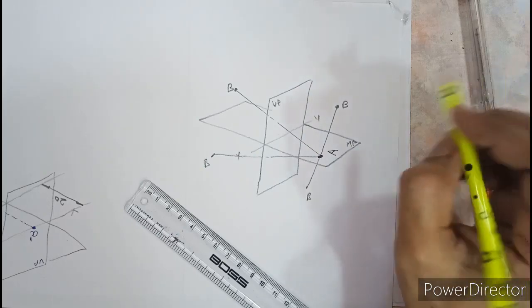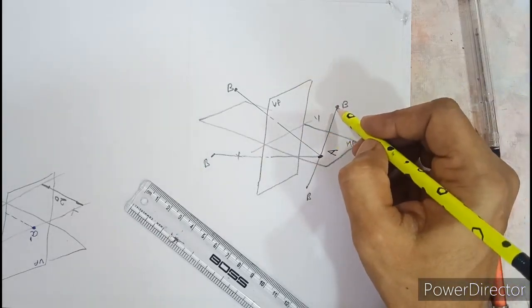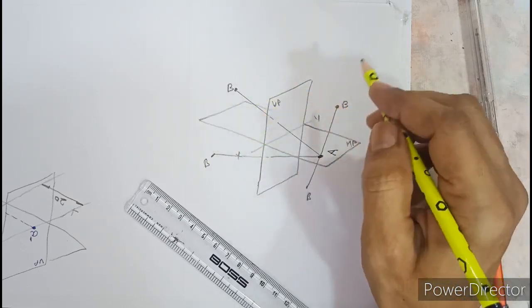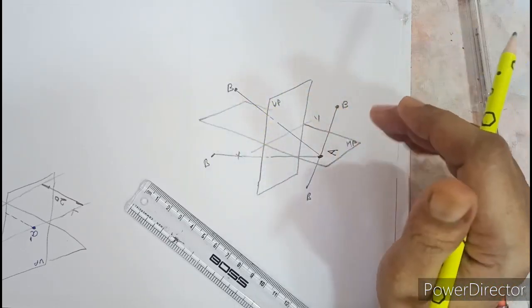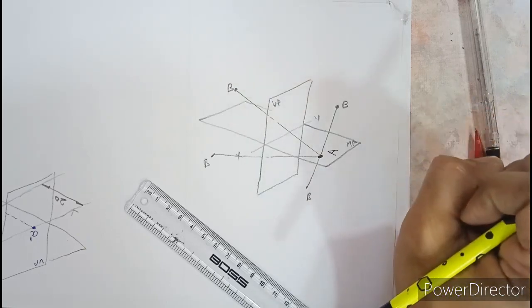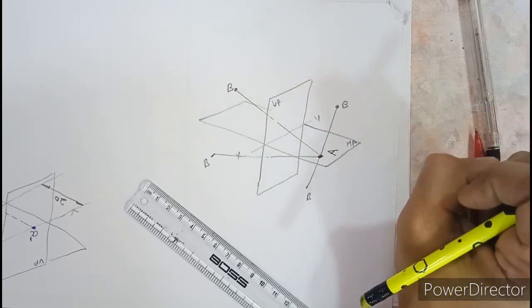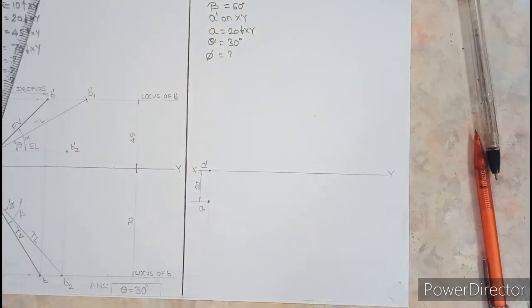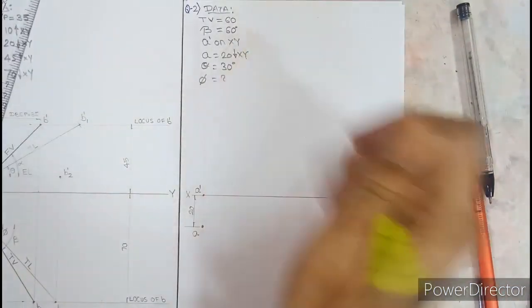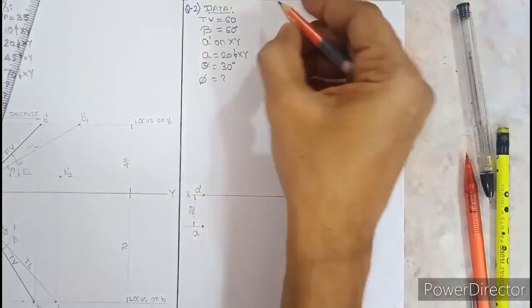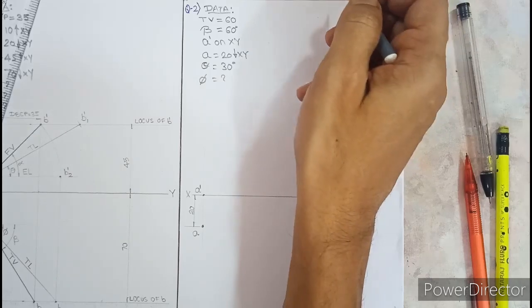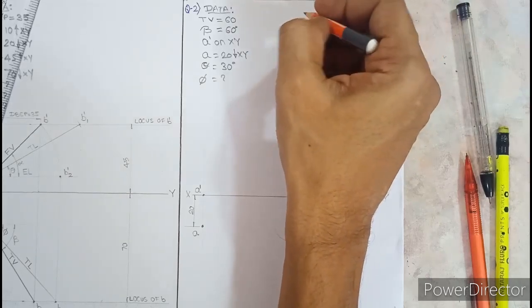So what we need to learn is, whenever in the question they do not mention about B or there is no information about B, for our simplicity, always assume B in the first quadrant. Always assume B in the first quadrant. So what you should do over here is, at the end of this data you should write like this. Now tell me, if B lies in first quadrant, where should be B dash, small b dash, and where should be B?